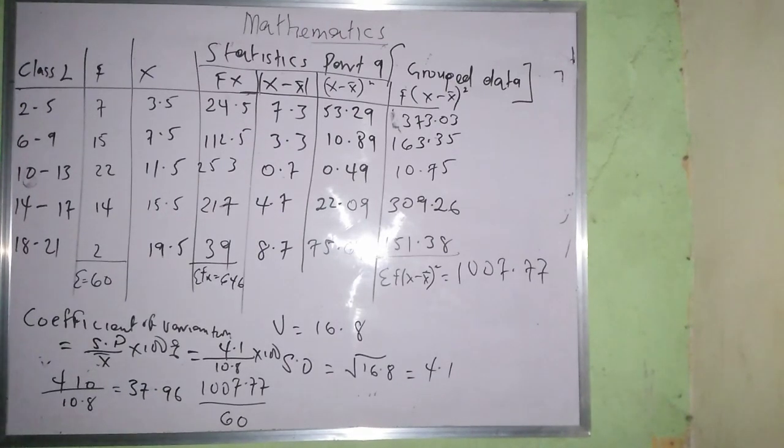I can approximate this to approximately 38.0. That is my final answer. That is all about variation and standard deviation. Okay, that's all about that.